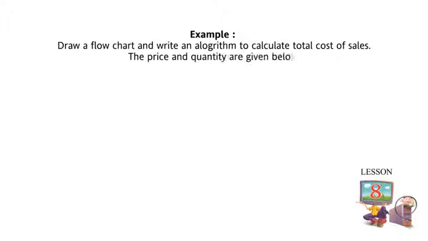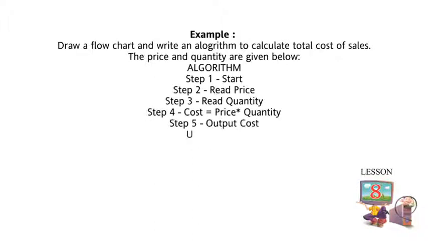Example: draw a flowchart and write an algorithm to calculate the total cost of sales. The price and the quantity are given. Algorithm: Step 1. Start. Step 2. Read price. Step 3. Read quantity. Step 4. Cost is equal to price into quantity.